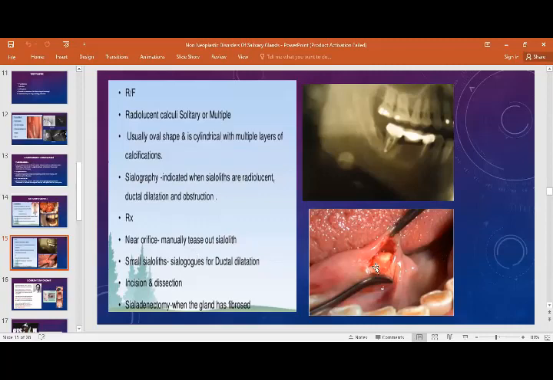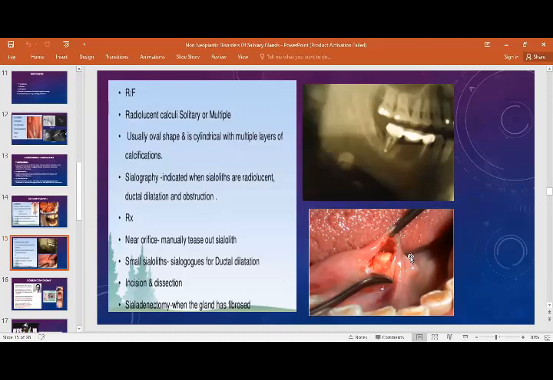And now treatment. Of course, when there is a stone present inside the mouth and it is quite irritating the whole time, whenever you swallow anything, it will get swollen. Sometimes you need surgical treatment.